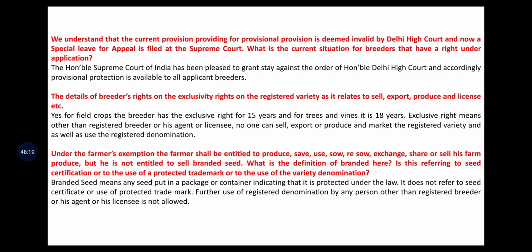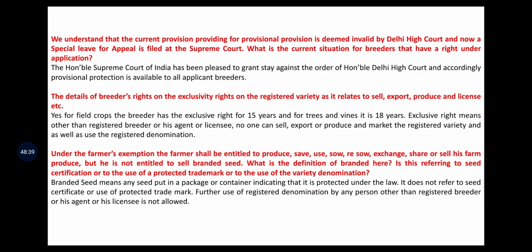The details of breeders' rights: the exclusive rights on the registered variety relate to sell, export, produce and license, etc. For field crops, the breeder has exclusive rights of 15 years, and for trees and vines it is 18 years.